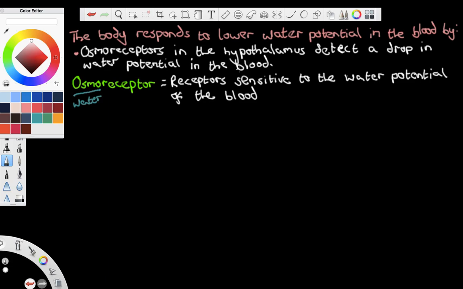Now, essentially, if there is a low water potential in the blood, osmoreceptors lose water. Water is drawn out of the osmoreceptor and moves into the blood, much like it would do to any other cells. As a result, the osmoreceptors shrink, which causes the hypothalamus to make something called antidiuretic hormone.